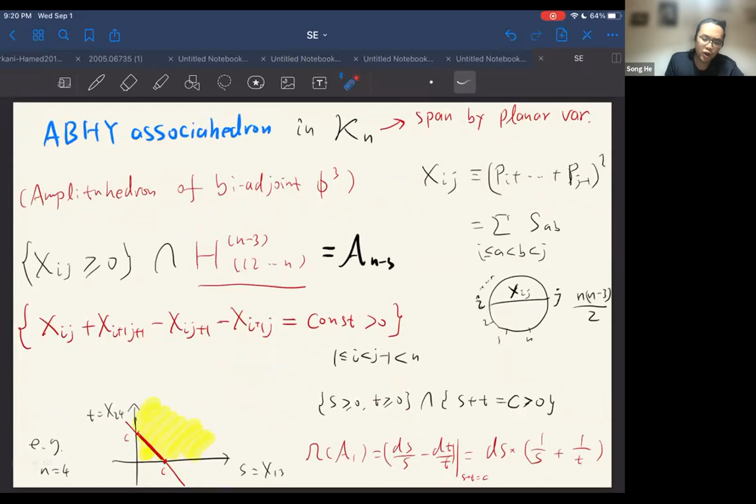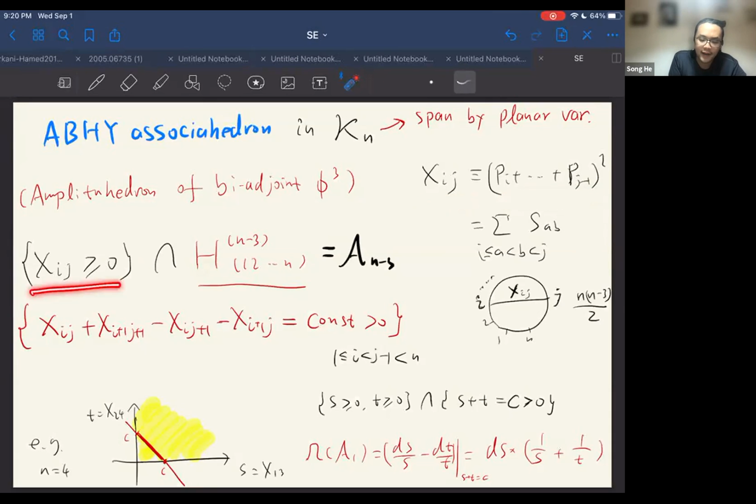And the ABHY associahedron is something very simple. You ask all these planar variables to be positive. Remember, these planar variables are exactly what appear in the bi-adjoint phi cube theory. Once you give me an ordering, all possible singularities of your amplitude are just the Mandelstams of some consecutive momenta in a planar ordering.